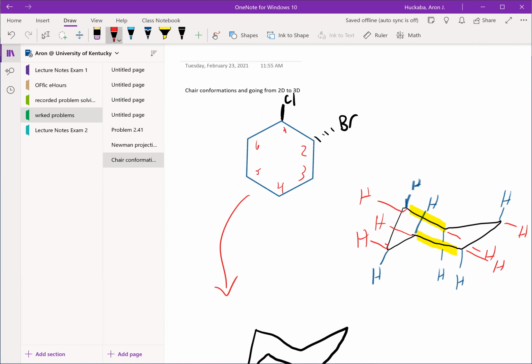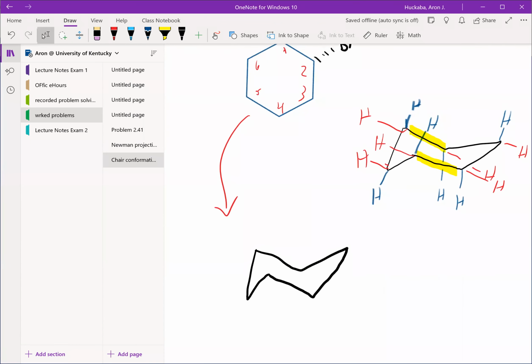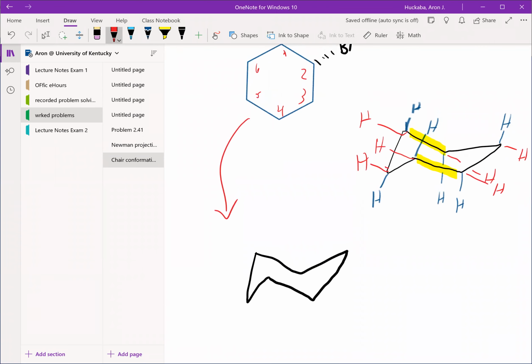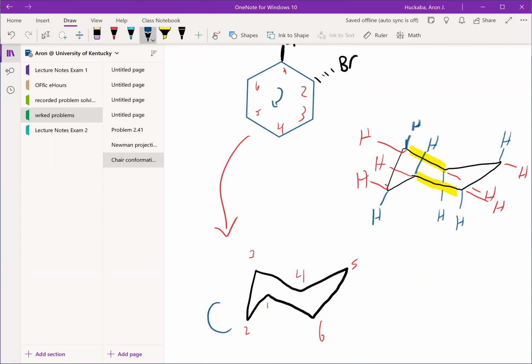That should be a 1, not a scribbly. The chlorine is pointed up. So let's just choose a carbon to start with. Let's make it be 1, 2, 3, 4, 5, 6, because, if you can tell, I went clockwise around here, and here I'm also going clockwise.